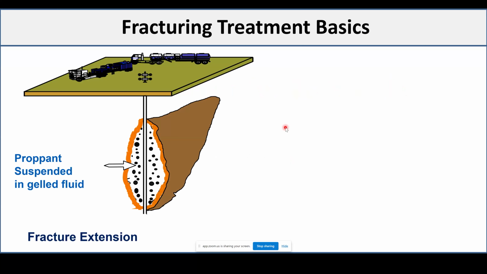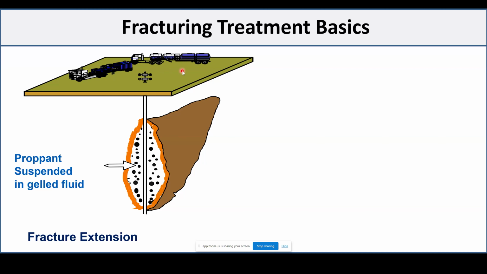So usually you come up at the surface, you have already drilled the well, and you have already completed it with some sort of casing and perforated it, or maybe it is open hole. Then you bring one of the big service companies, Schlumberger, Halliburton, or Baker, coming to the surface with a lot of pumps, tanks, and chemicals.